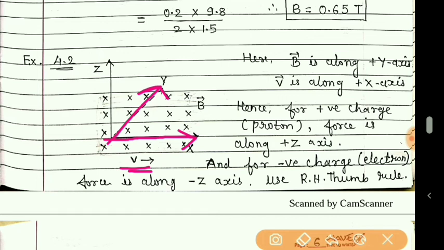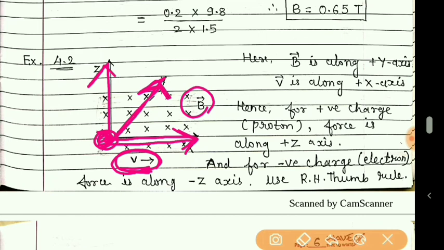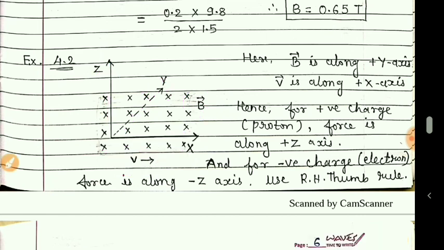So if the magnetic field is along the positive y direction, velocity is along the positive x direction, and if a proton is kept in the magnetic field having velocity v, then the force acting on that proton will be along the positive z direction. Students, you can easily check by using right hand rule.